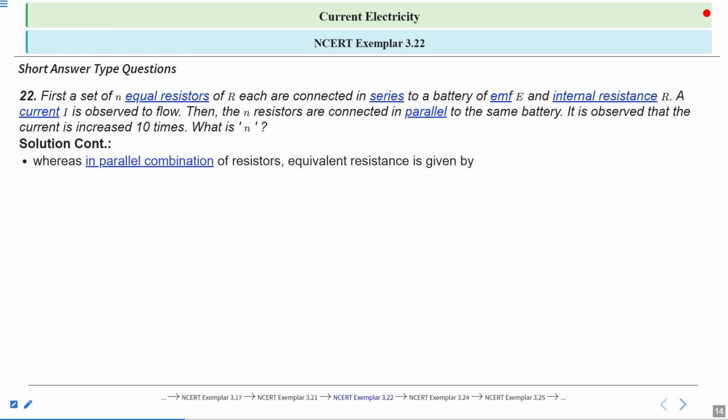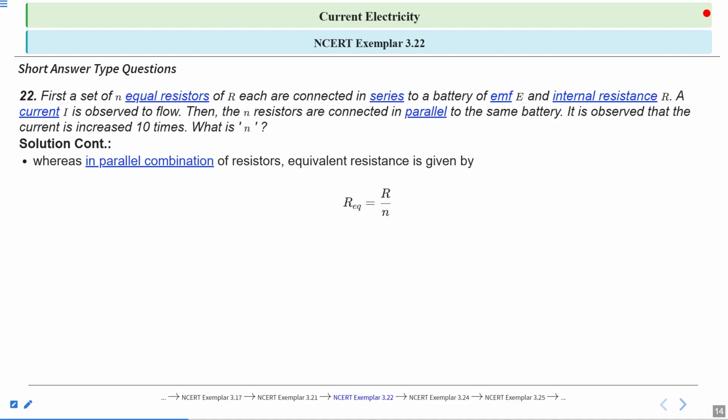Whereas in a parallel combination of resistors, the equivalent resistance is R equivalent equal to R upon N. We know that 1 by R equivalent equals 1 by R plus 1 by R and so on up to the nth 1 by R. All the resistors have the same resistance R, so it becomes N by R. After reciprocating, R equivalent becomes R by N. This is a simple formula.